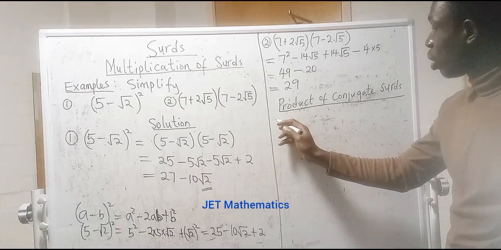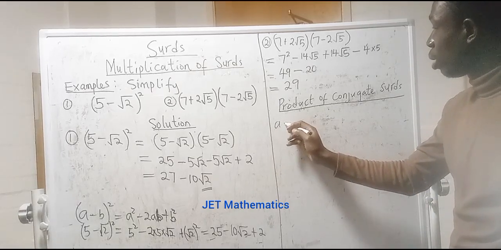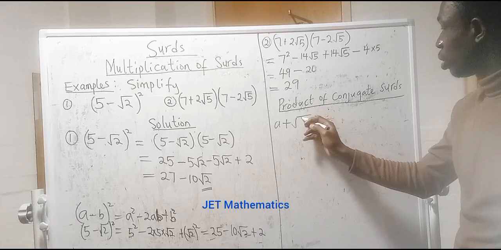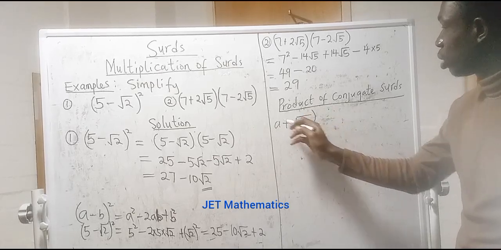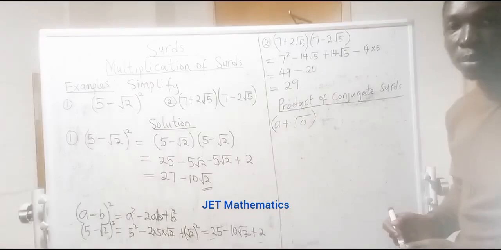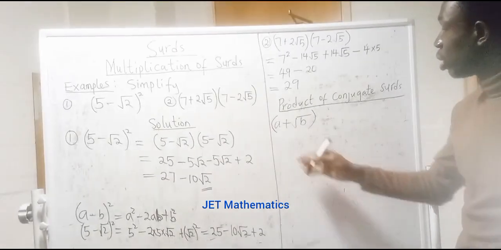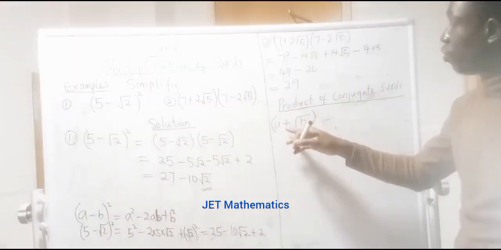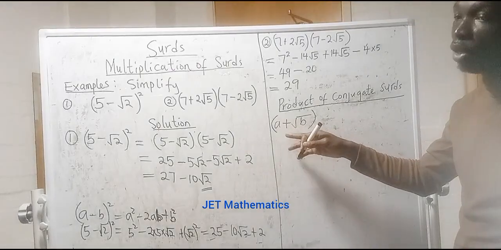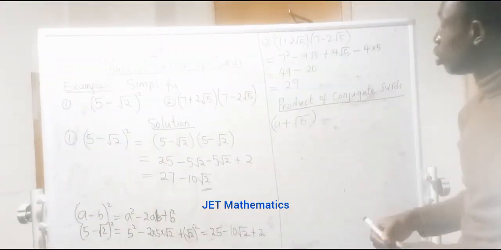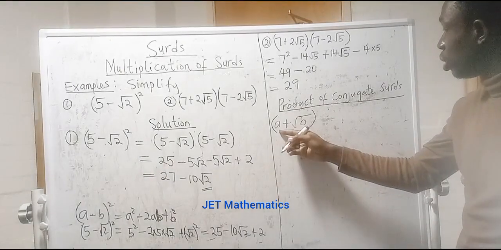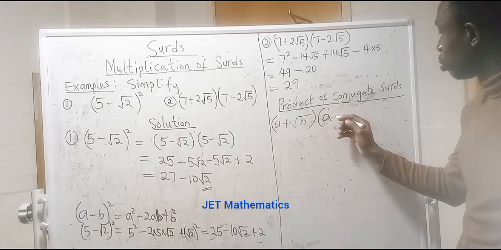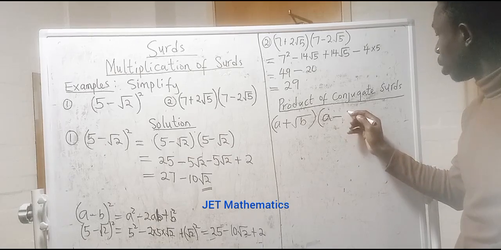So let's assume we have a surd a plus root b. I want to multiply it by its conjugate. Its conjugate means the same surd, but we are going to change the sign. If it was plus, it becomes minus. If it was minus, it becomes plus.